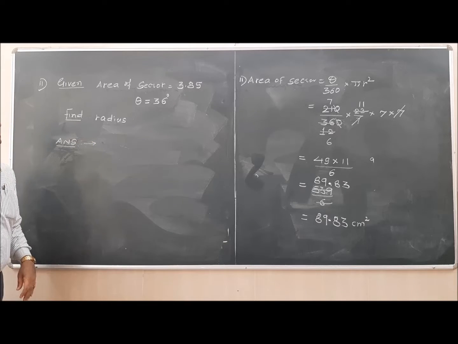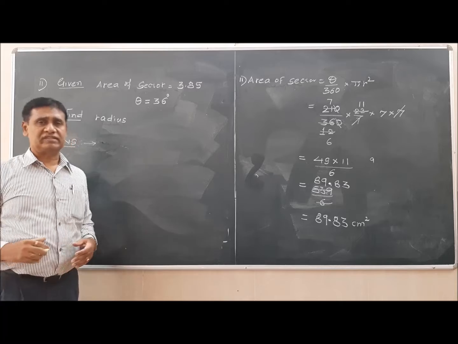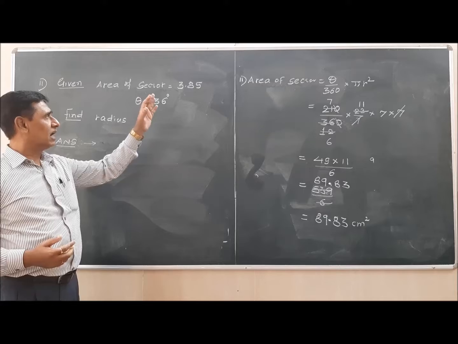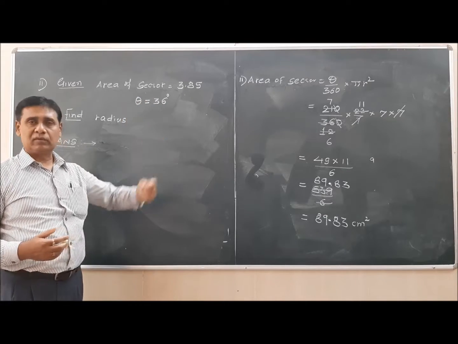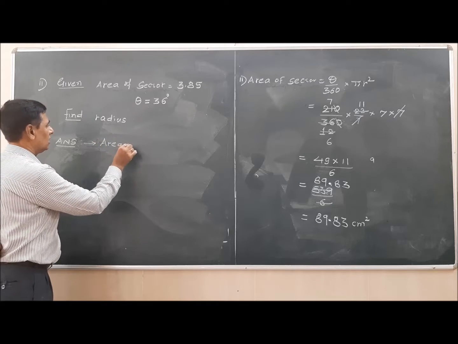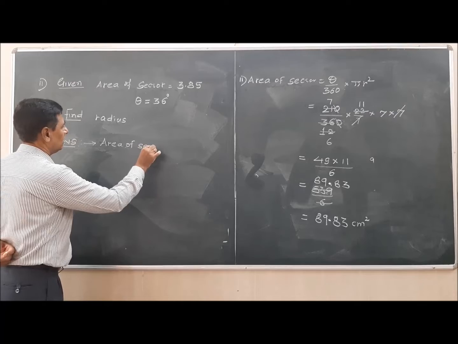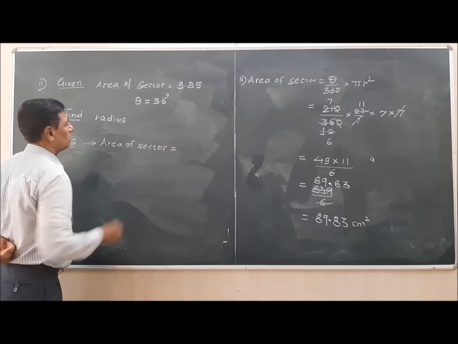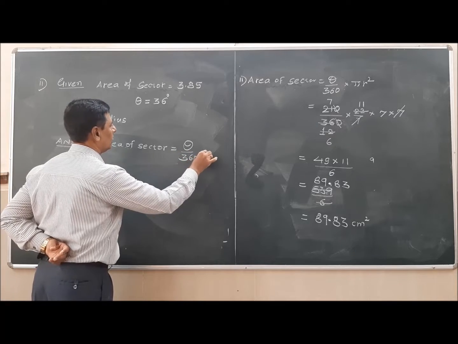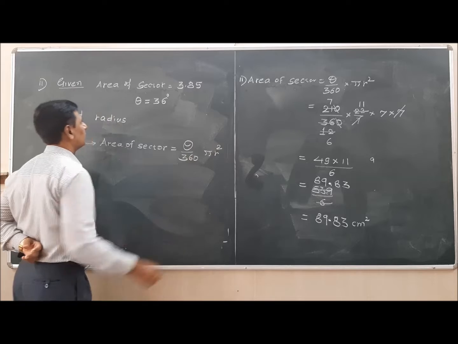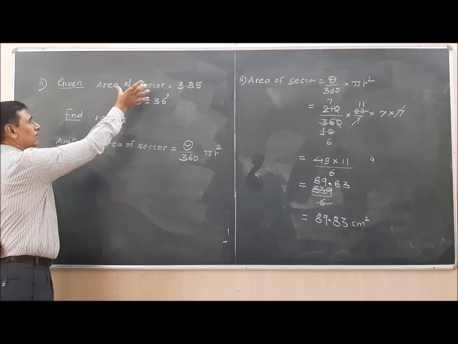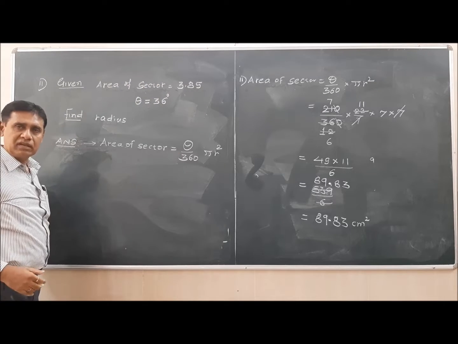In this question, since they have given us area of a sector, I am going to use the same formula. Area of sector is equal to theta upon 360 into pi r square. Now substitute all the values. They have already given the value of area of sector as 3.85.